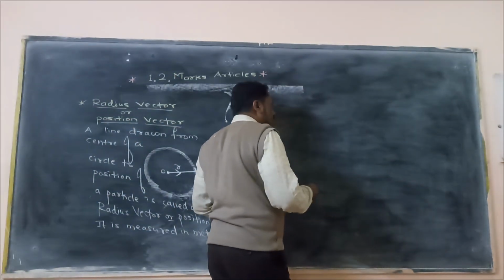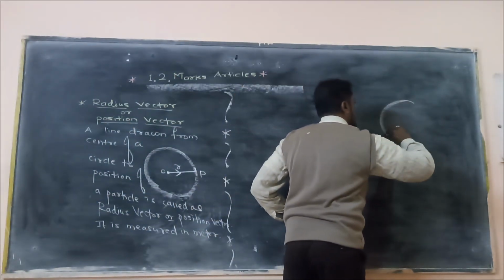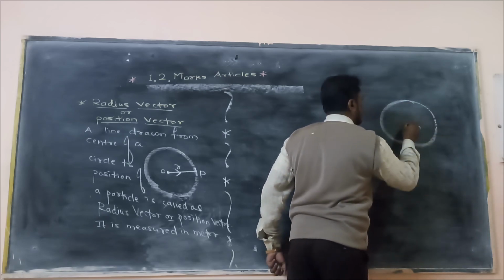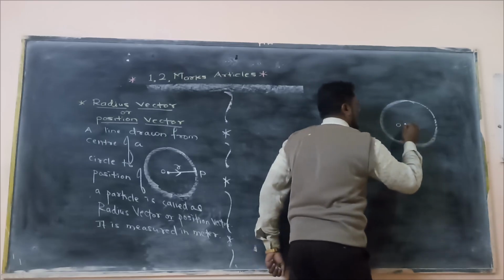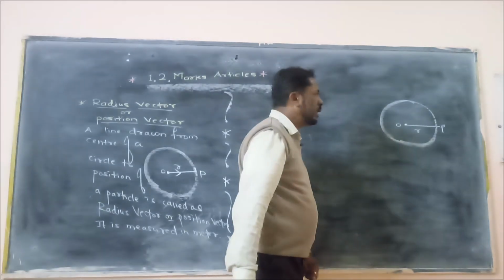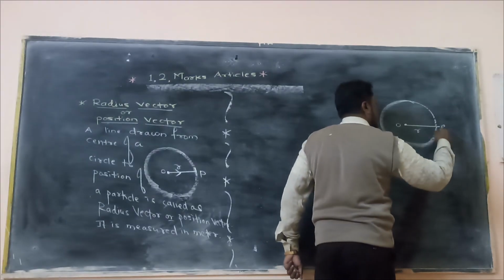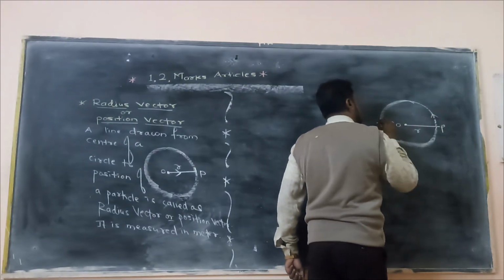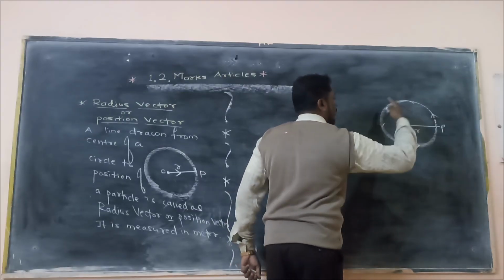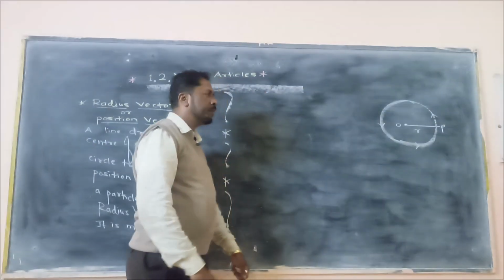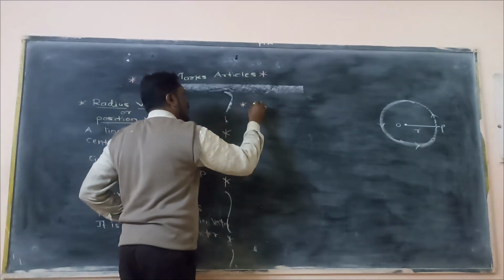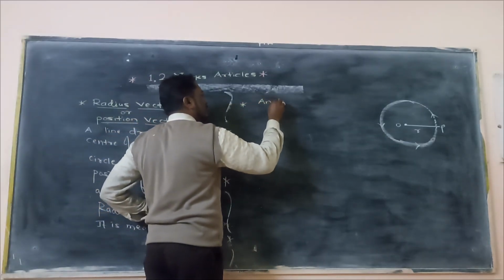Then again, consider the same diagram. Let us consider another diagram. You have the center, you have the radius, and a point P. Let us consider point P, or a particle or an object, which is moving in anti-clockwise direction. We are going to discuss angular displacement.